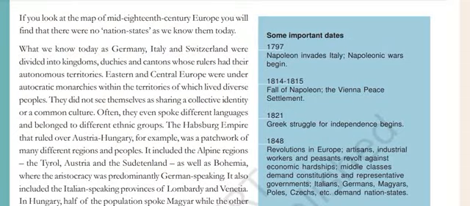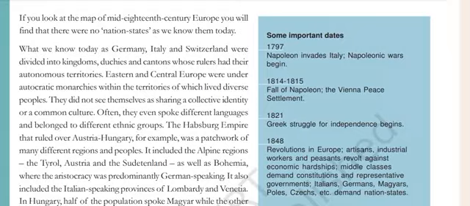Eastern and Central Europe were under autocratic monarchies, within the territories of which lived diverse peoples. They did not see themselves as sharing a collective identity or a common culture. Often they even spoke different languages and belonged to different ethnic groups.